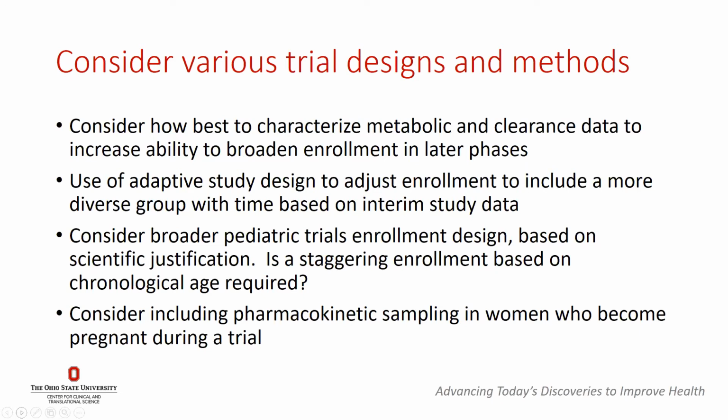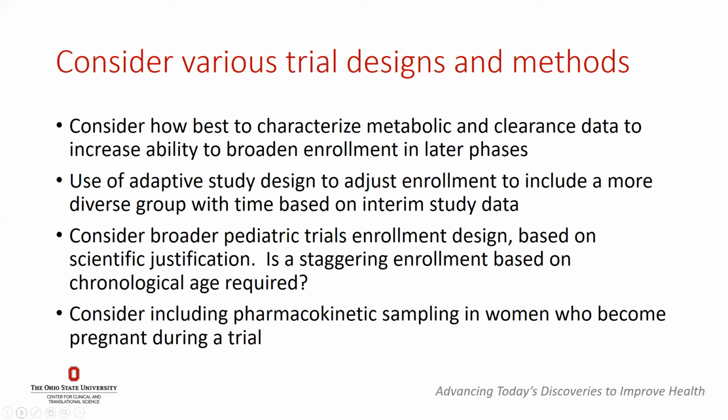So also consider some various trial designs and methods. As you know, we have been discussing various designs to increase enrollment, as well as to increase compliance with study requirements.